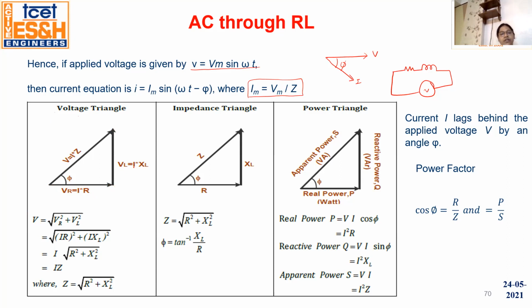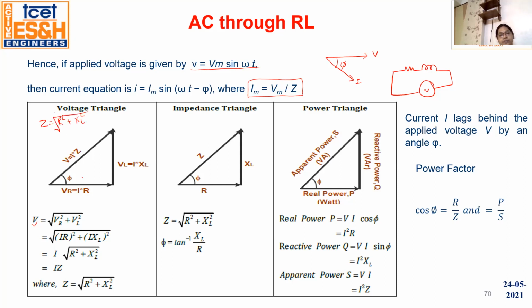VL is equal to I multiplied by XL, and the vector sum of both VL and VR gives the total voltage V. So here V is equal to I into Z, and you know that Z is nothing but the square root of R square plus XL square.